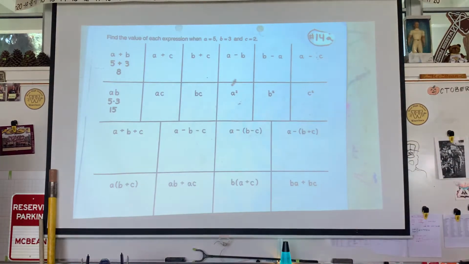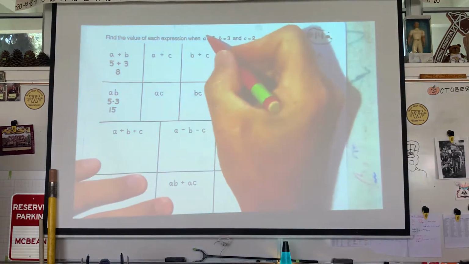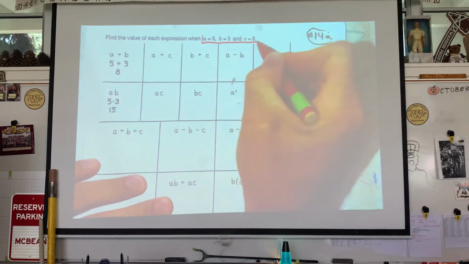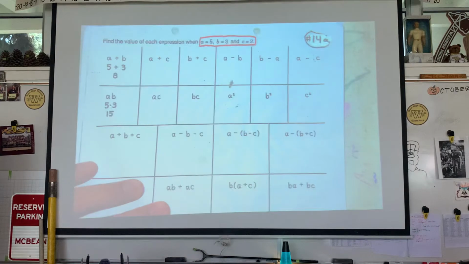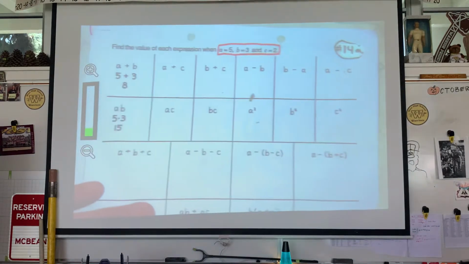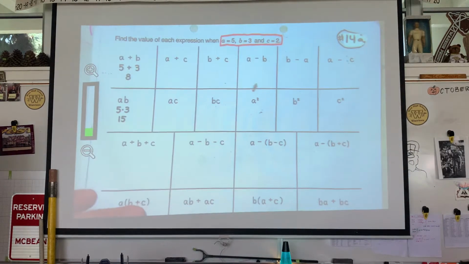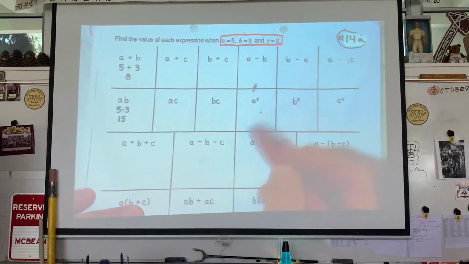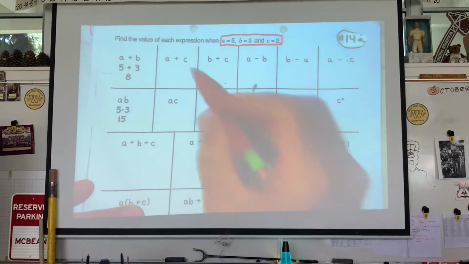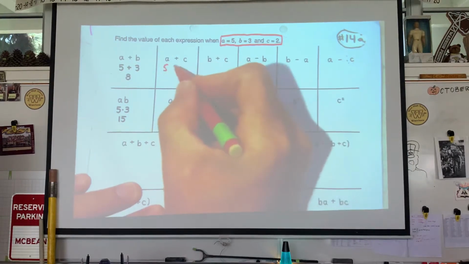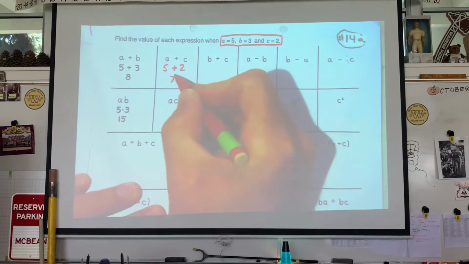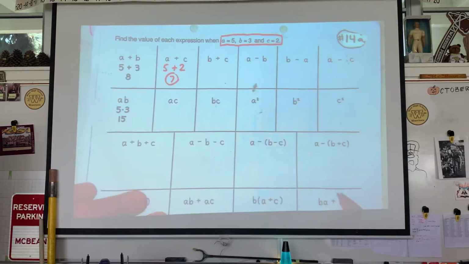So here's what's up. First of all, let's make sure we know that our variables are A equals 5, B equals 3, and C equals 2. I would like you to plug them underneath these, show one line of your work, and then circle your answer. I'll do a couple up at the top. A plus C, that's 5 plus 2. We know that's 7, that's an easy one, okay?